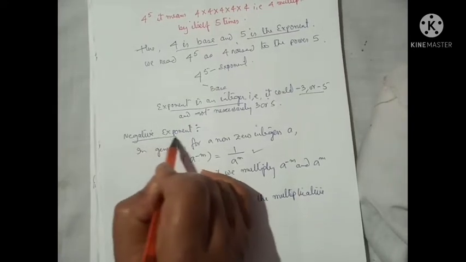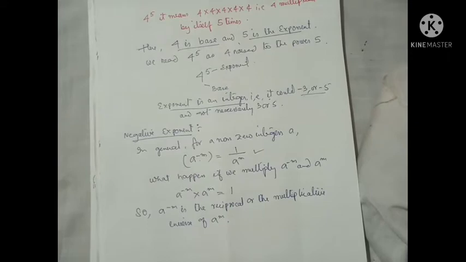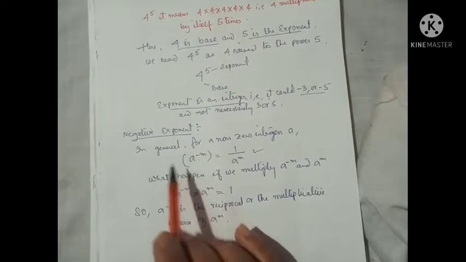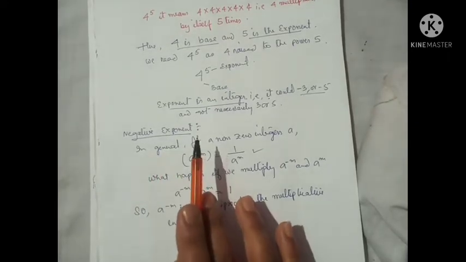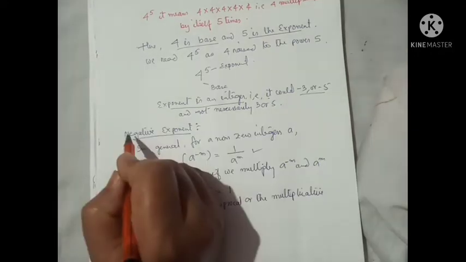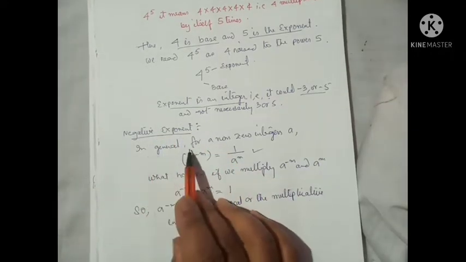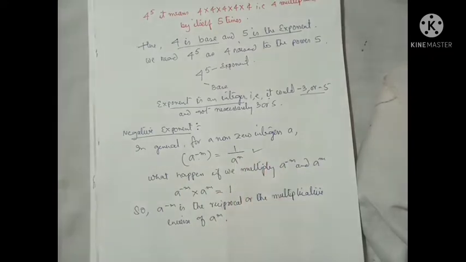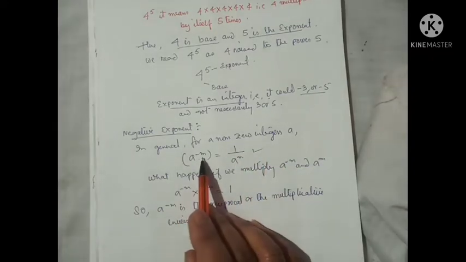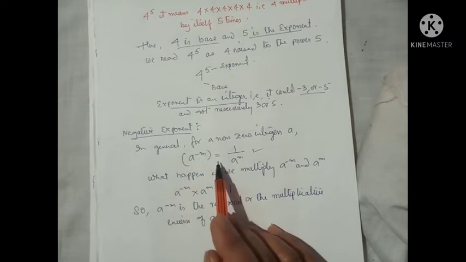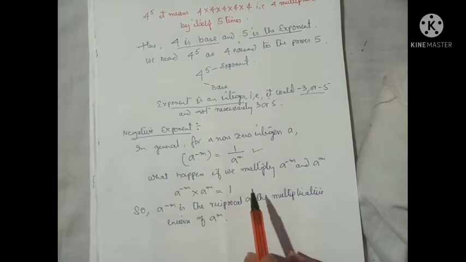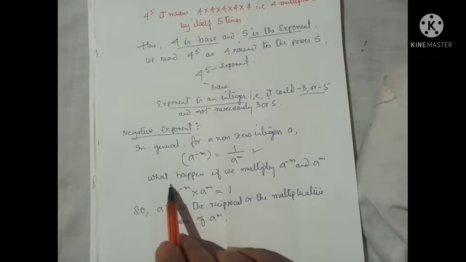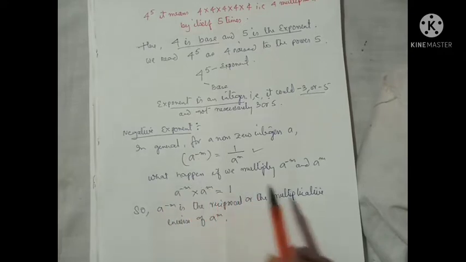So here we learn about power with negative exponent: in general, for a non-zero integer a, a to the power negative m is equal to 1 by a to the power m.